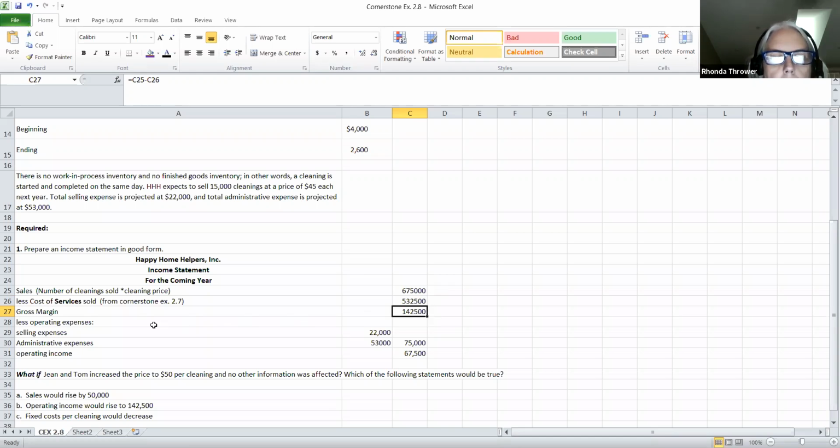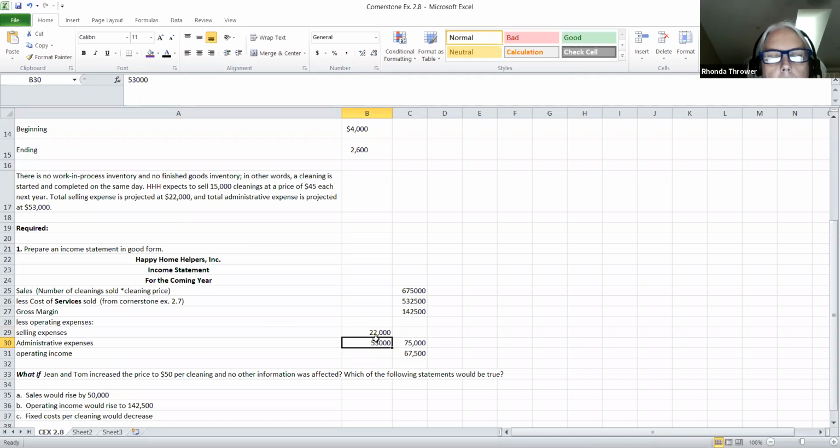Then we would deduct any operating expenses, which will consist of selling expenses of $22,000 that they gave you, and administrative expenses of $53,000, which was given.